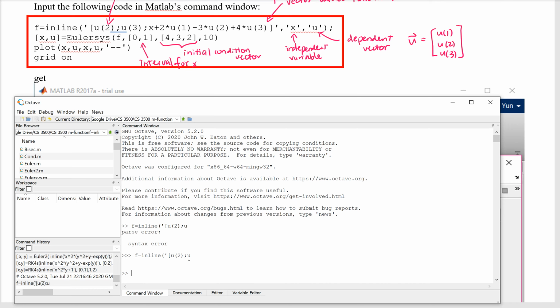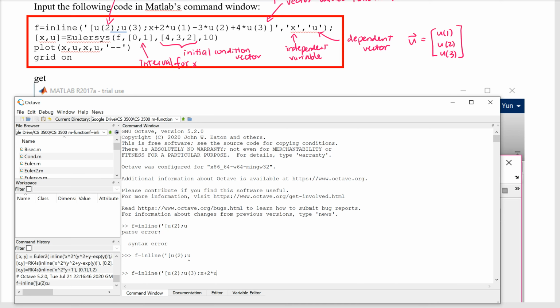I typed enter by accident, so let's do it again. U of, I want to type shift in the parentheses, right? So u of 3, and then x plus 2 times. When you do times, you have to use this asterisk.